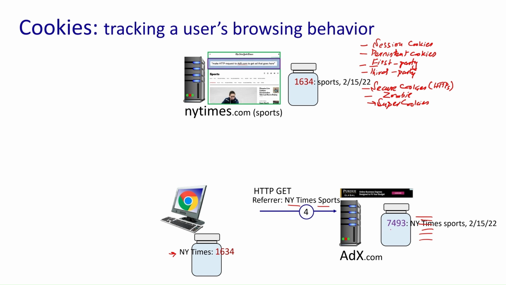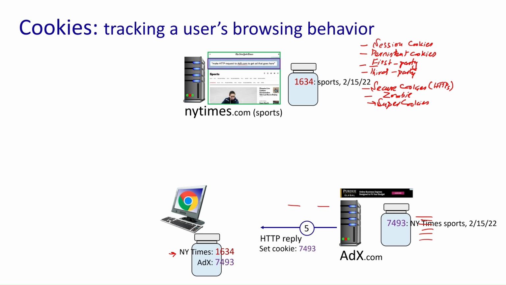So look at this. The ad server will maintain an entry that this cookie is assigned to this client based on a referral from New York Times Sports on this date. It will send the response by sending the ad and also the cookie.